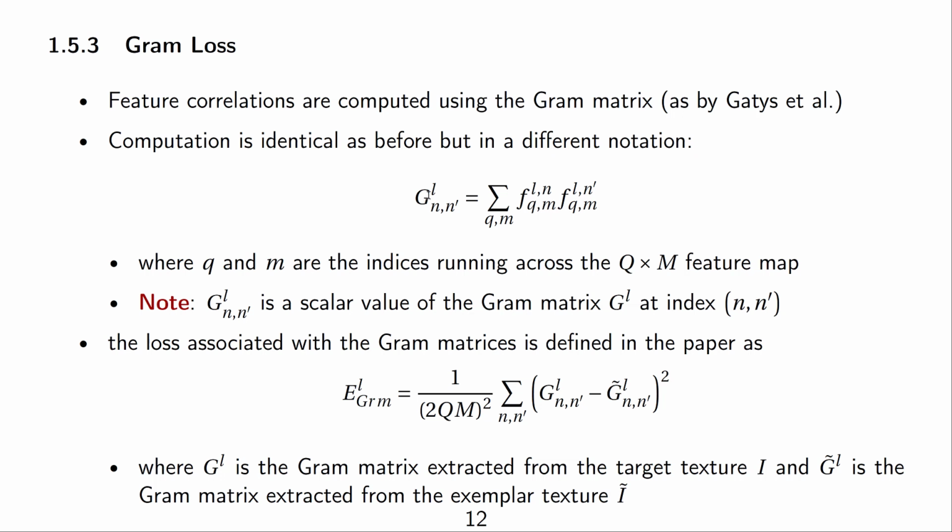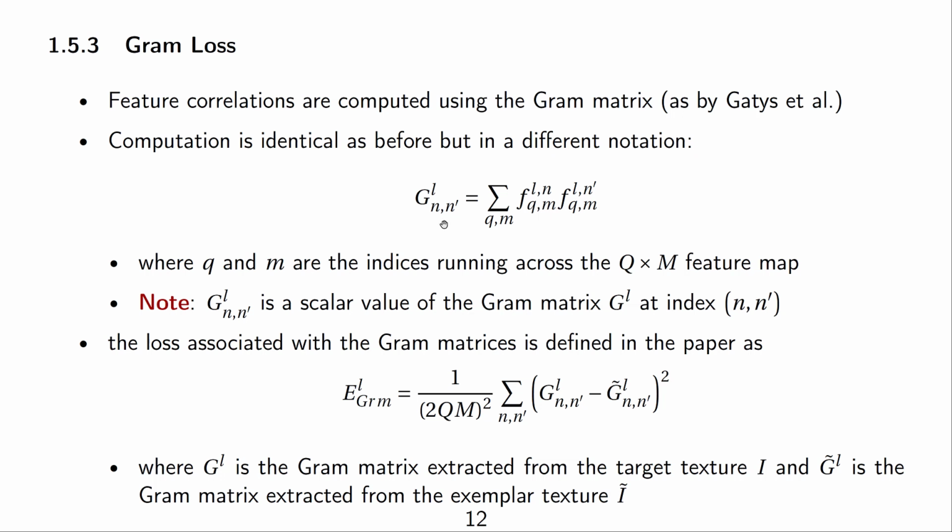The gram matrix of the layer has a scalar value denoted by subscript n, n prime, which gives the inner product of channel n with channel n prime. For one inner product, as discussed, we need to iterate over each pixel position in the image, and we multiply the value of each pixel of channel n with the corresponding pixel in channel n prime.